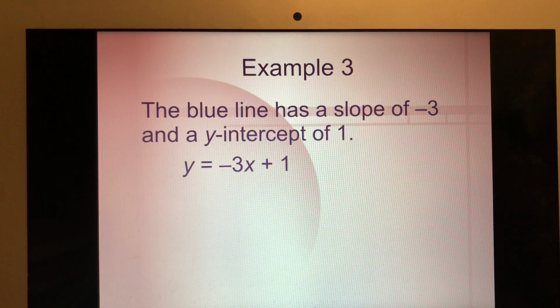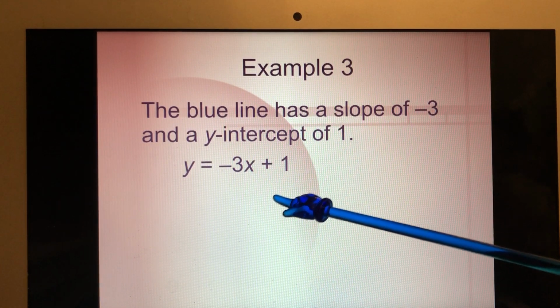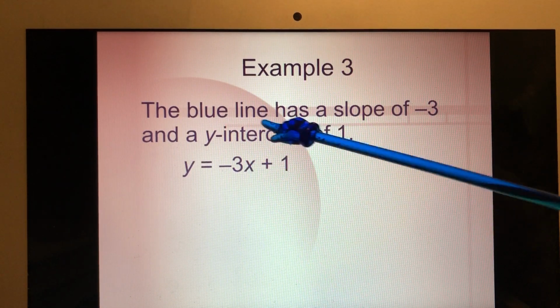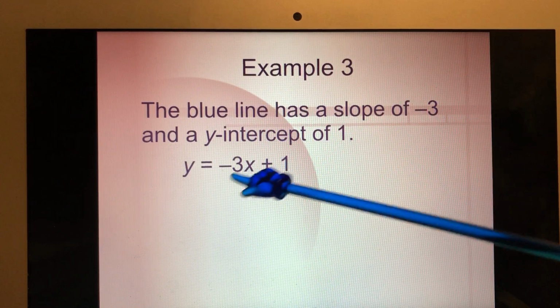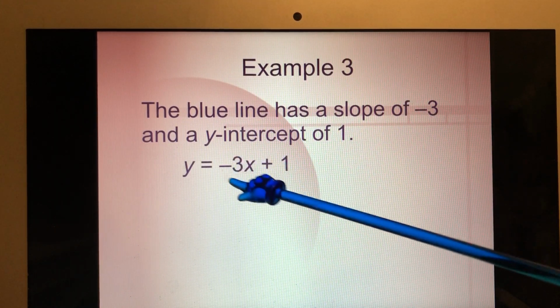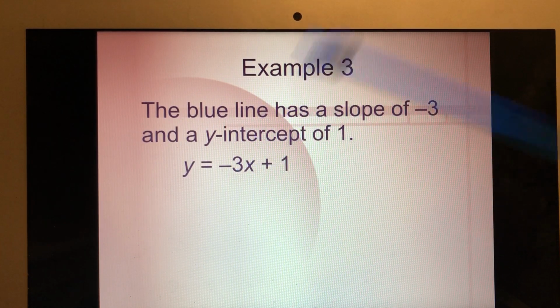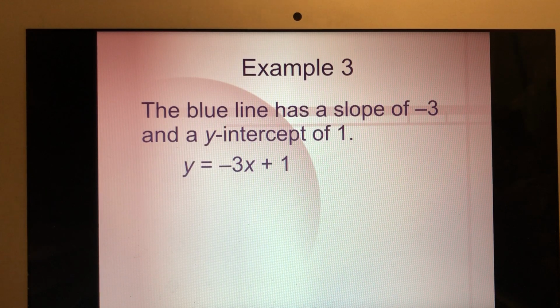So the blue line is with this equation, y equals negative 3x plus 1. This blue line has a slope. Slope is our m, right? This would be mx plus b. So m is negative 3. The slope is negative 3. It's going to lean toward the negative side of your graph.